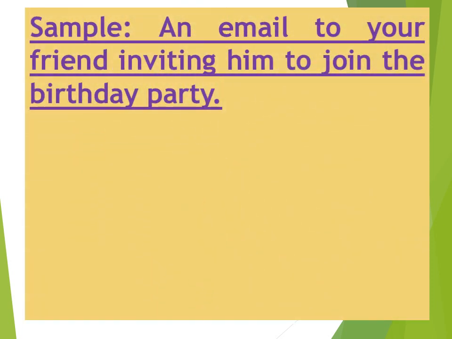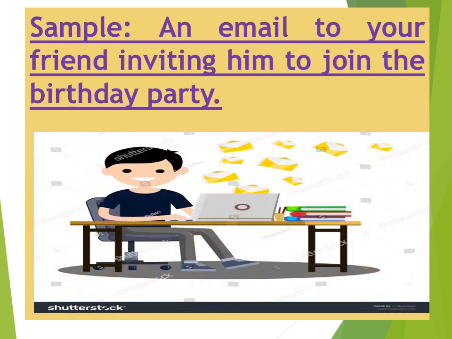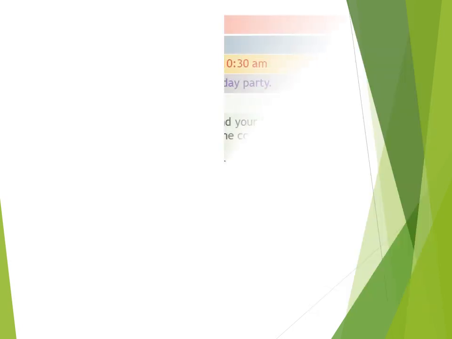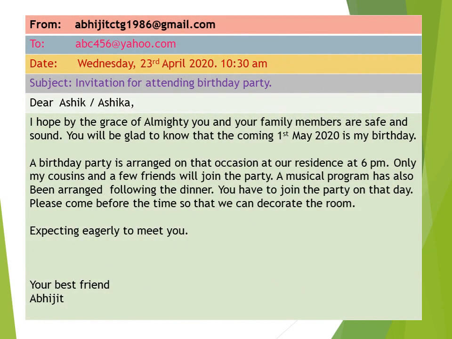Dear students, let us see a simple email: an email to your friend inviting him to join the birthday party. So it is our classwork. See, I have given a pen picture for your betterment.